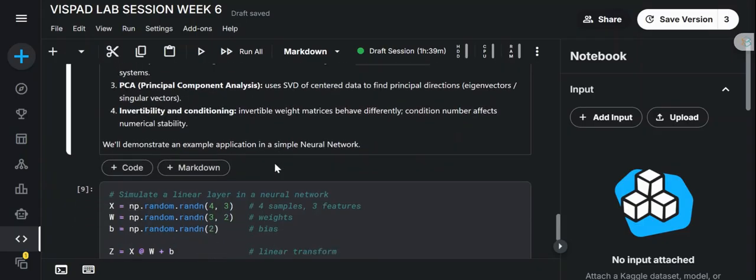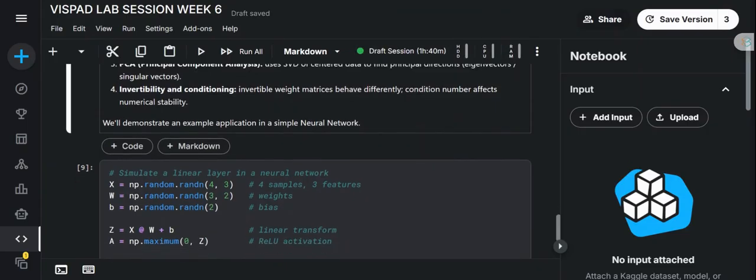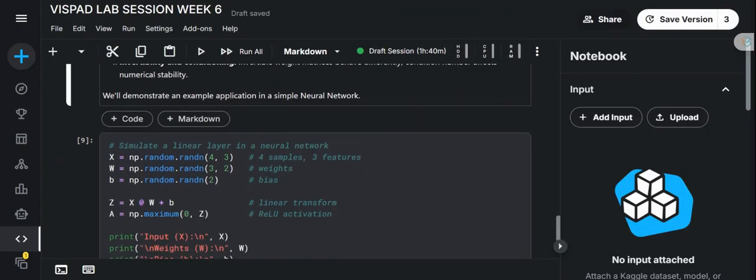All right. Now let's demonstrate an example application of linear transformation in a simple neural network. We are going to create a data set with certain features.